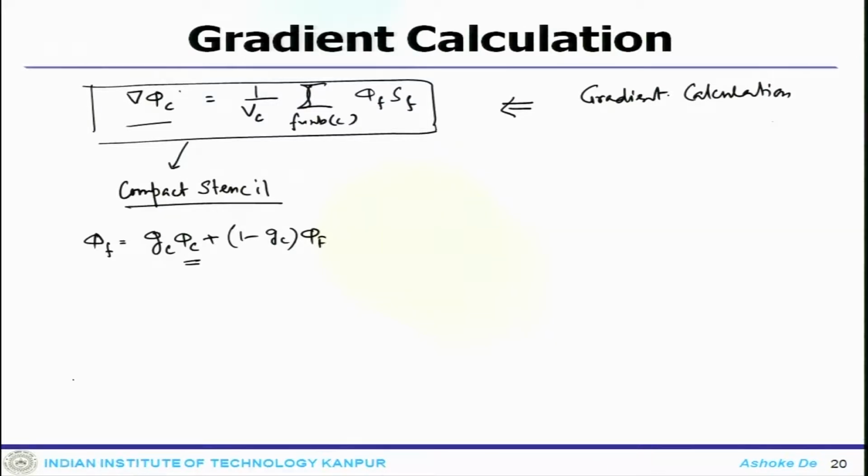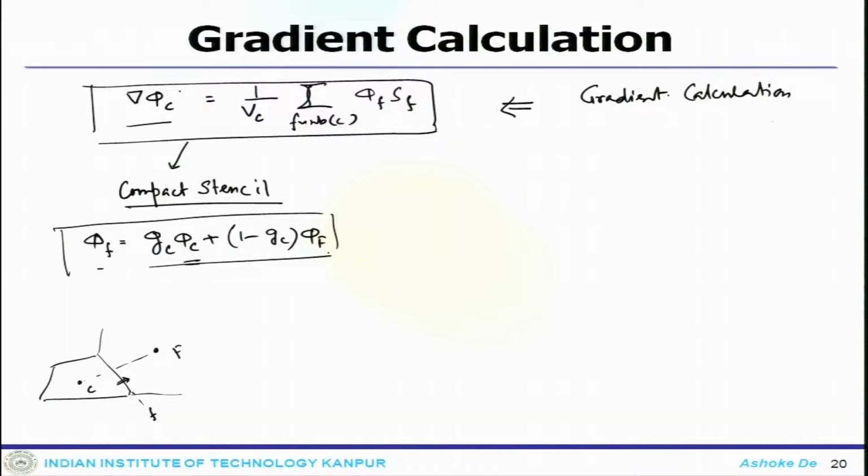So, essentially, if you quickly have a diagram of a particular cell, this is C, which we are interested in, and this is F, and this is the connecting line between C and F, and this is the face F. The face values are interpolated using this formula, and Gc is nothing but your geometric weighting factor.